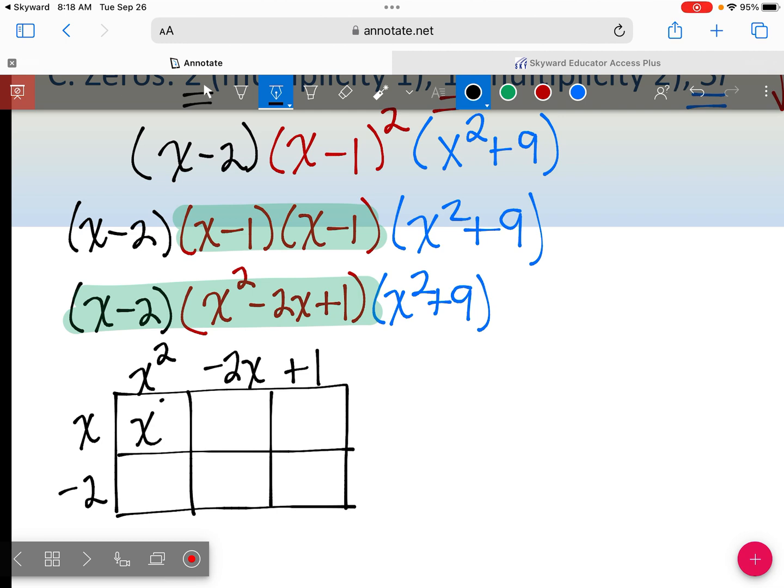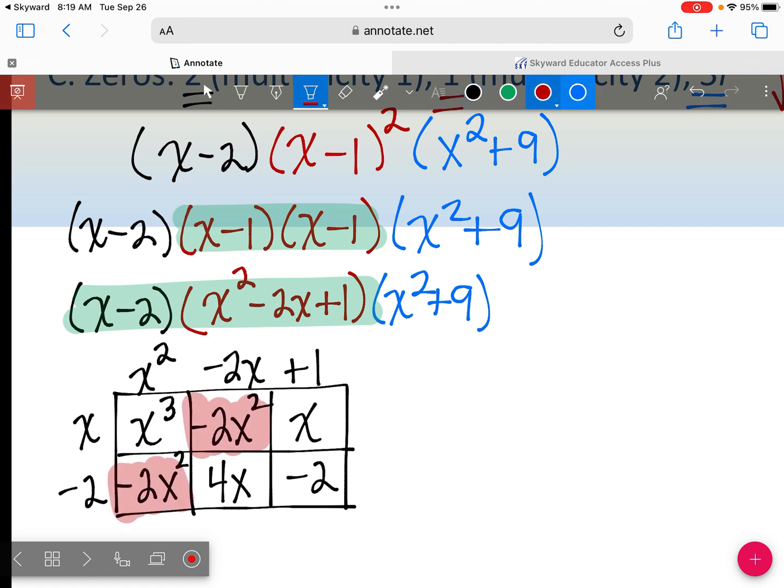So we got x to the third. Let me take a moment, make sure I didn't miss anything. Okay. Now we're going to combine our like terms, so these two and these two.